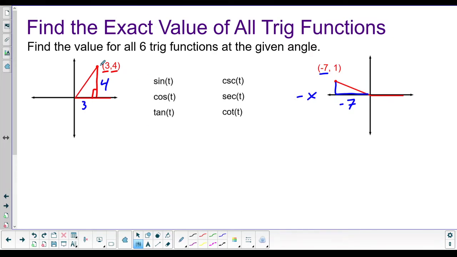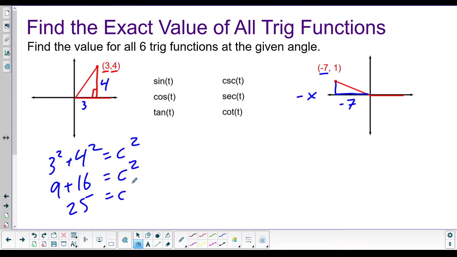To find the missing side that you're going to need, your hypotenuse, to fill out 4 of these 6 trig ratios, you're going to have to do the Pythagorean theorem. So 3 squared plus 4 squared equals c squared. So 9 plus 16, 25 equals c squared. Take a square root, and in this case, c is 5.